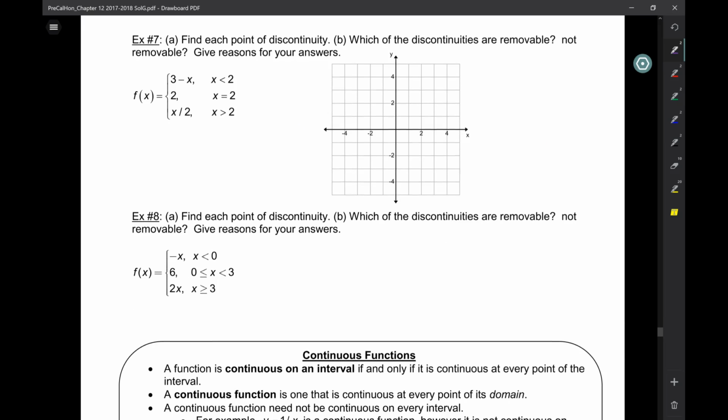All right. Here we go. One more. Let's graph this one. So as x is less than 2, this is 3 minus x. So at 2, this is going to be 1, and it's an open circle. At x equals 2, it's a 2. And then greater than 2, it's 1 half x, right? When x is 0, it's 3.